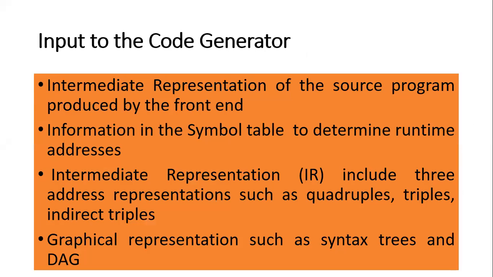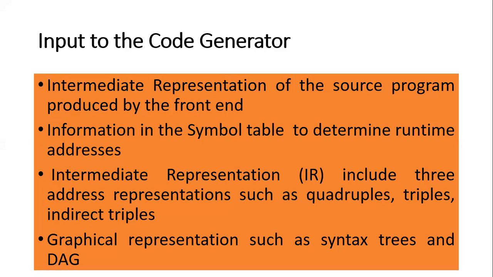First one, input to the code generator. Input to the code generator means what? Intermediate representation of the source program produced by the front end is the input. So the previous phase's intermediate representation itself acts as an input to the code generator. Information in the symbol table is used to determine runtime addresses, because the symbol table is also very important, which stores the actual variable name.